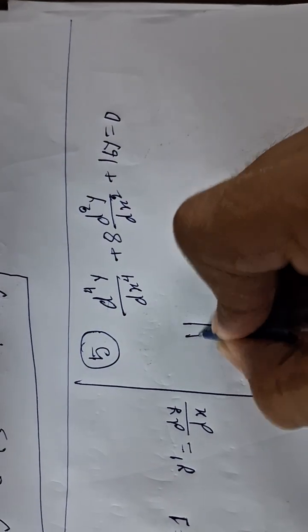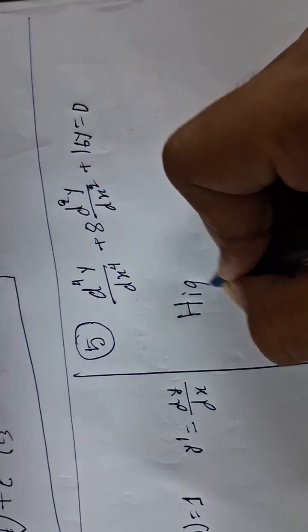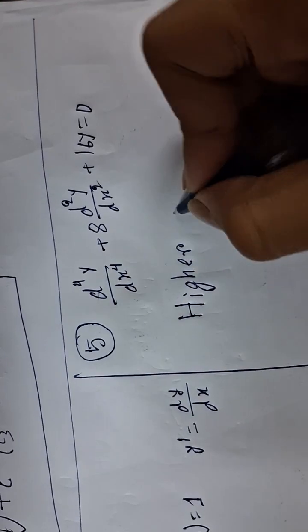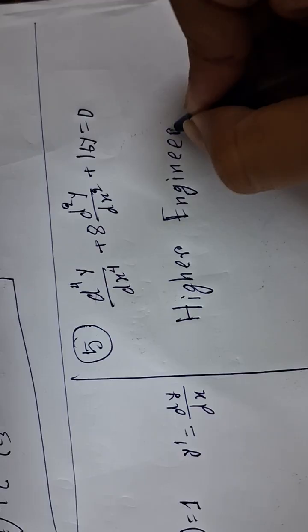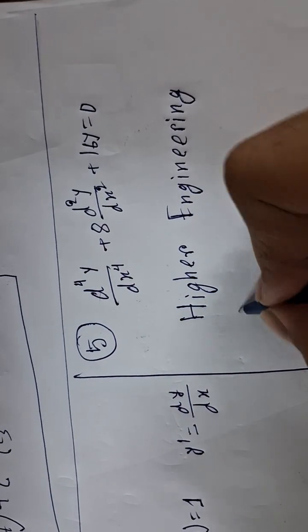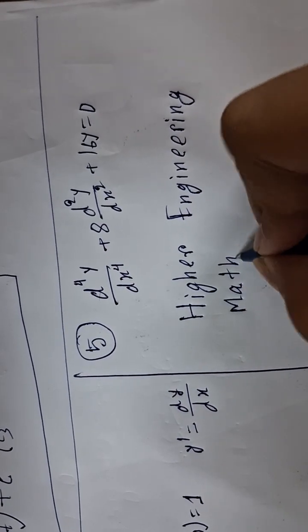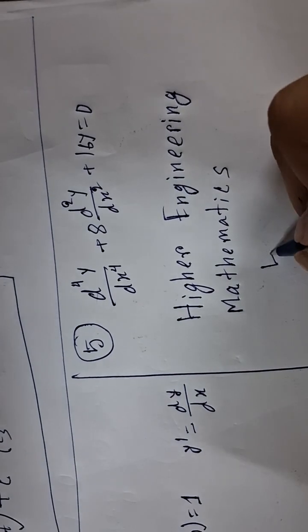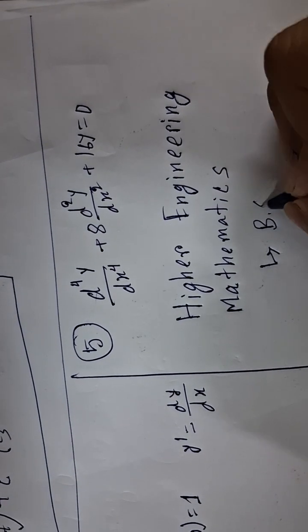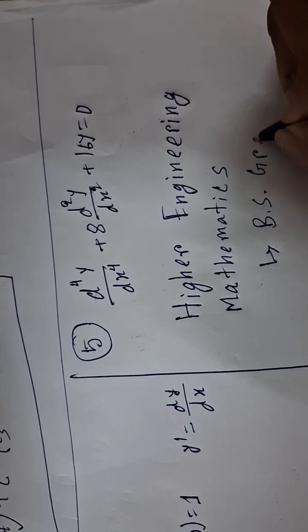The name of the book is Higher Engineering Mathematics, written by B.S. Grewal.